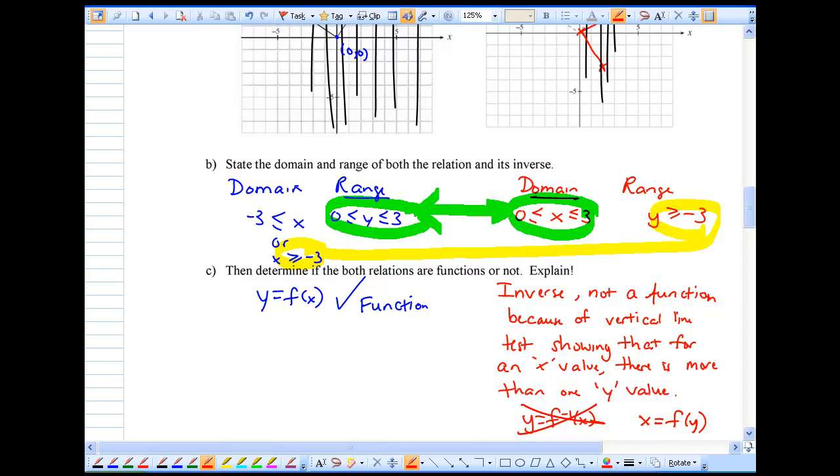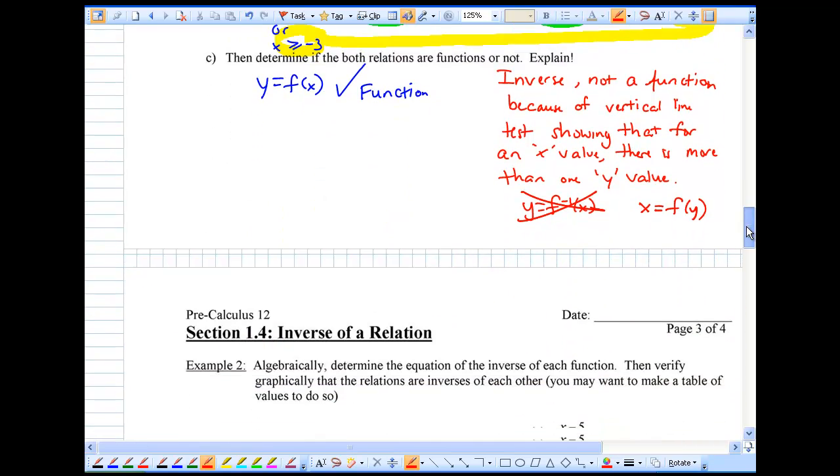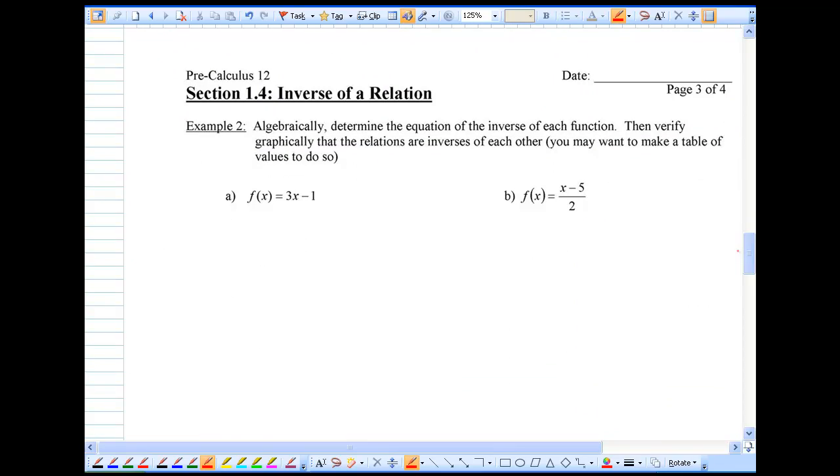Alright, let's move on. Let me show you some examples of how we can do the inverse algebraically then. And once we've done the algebraic part, we'll graph it out to see the inverse visually. Remember, to do things algebraically, our first step is to switch x and y. Now remember, the f of x is like your y, okay? So when I'm trying to find the inverse, step one is to switch x and y. I'll have now x equals 3y minus 1.